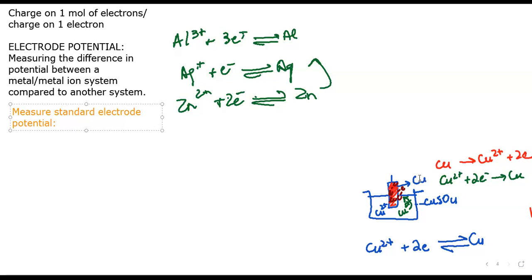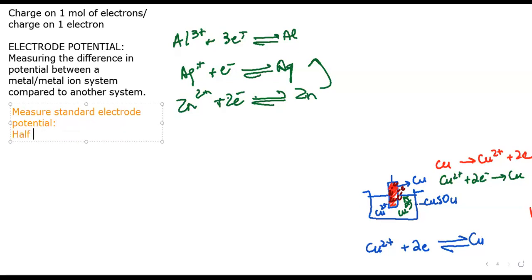If I take copper and put it in a solution of copper ions, that is known as a half cell. I can take two half cells and combine them together to make an electrochemical cell. Let's talk about how we can do it.